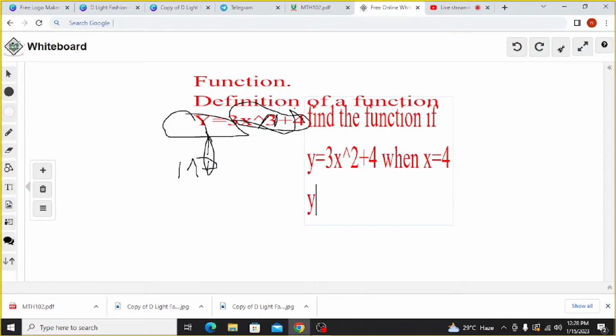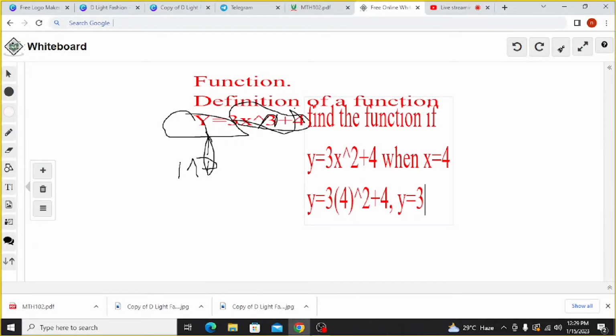So our y now equals 3 open bracket 4 square close bracket plus 4. So 4 multiplied by 4 is 16.